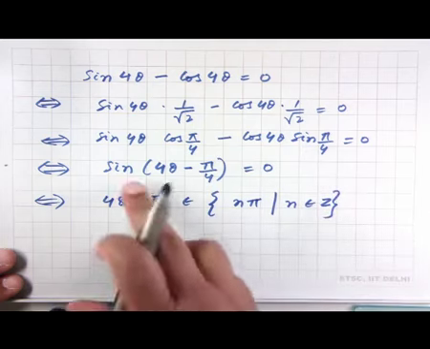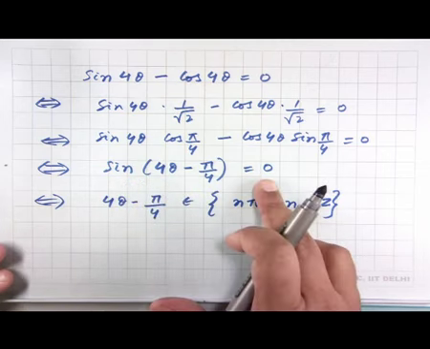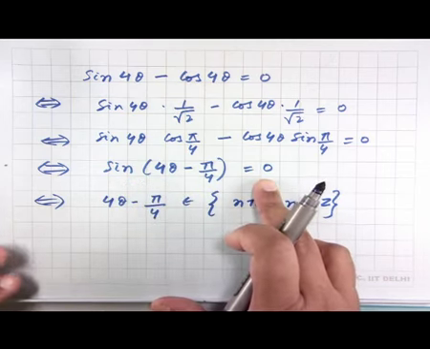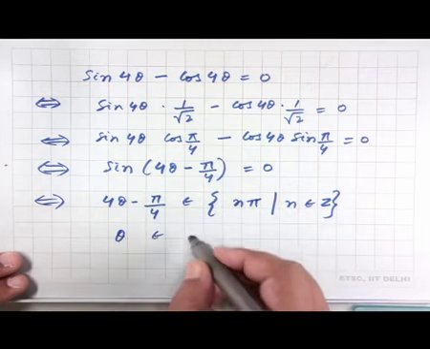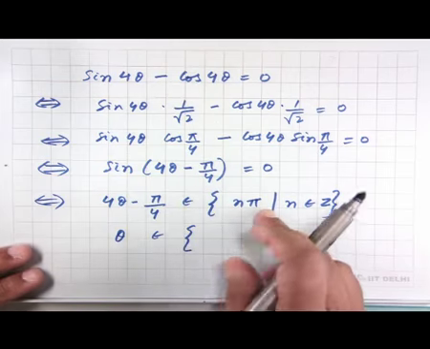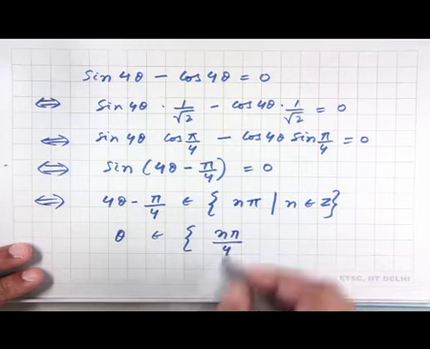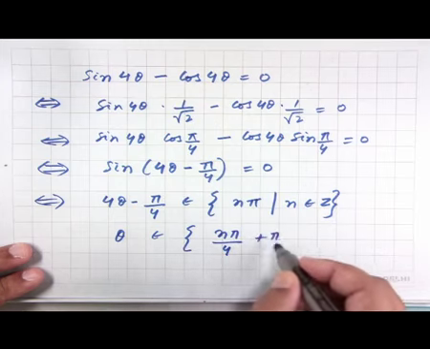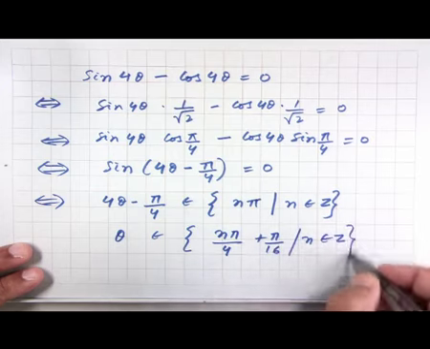So, here we are using the formula of sin x equal to sin y with y equal to 0, and this then implies that theta belongs to, we move the pi by 4 inside the set, n pi over 4 plus pi over 16, n being integers.